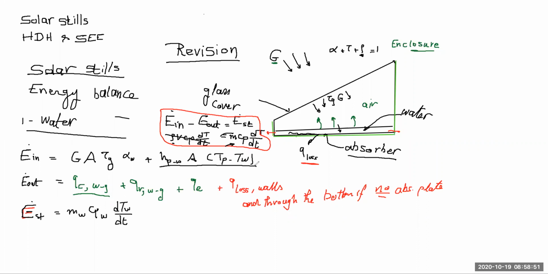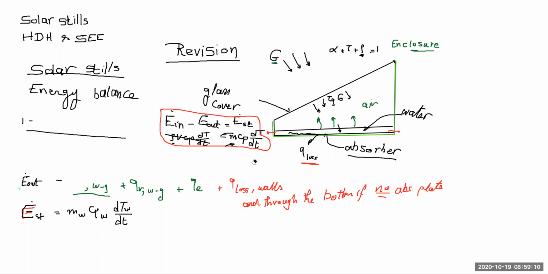Okay. Now, after this, we are going to move to the third component here, which is basically the glass cover. So I'm going to take this out again and get to the glass cover. And again, we'll be looking at what are the energies in and what are the energies out from the glass.